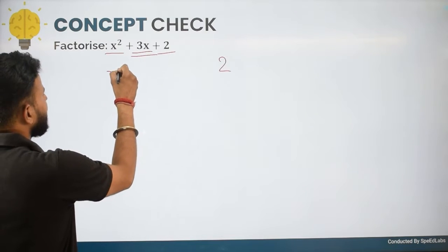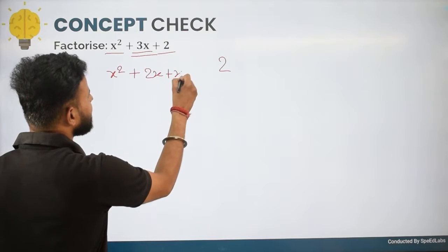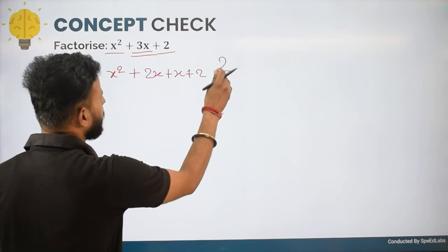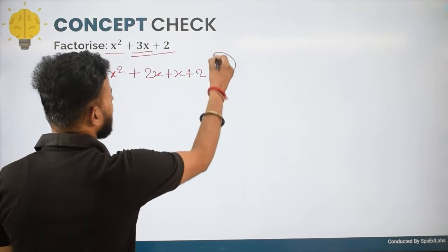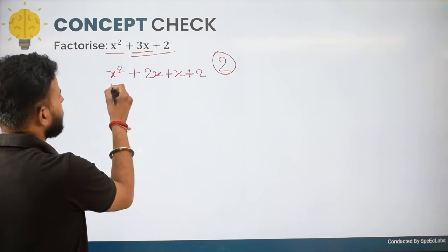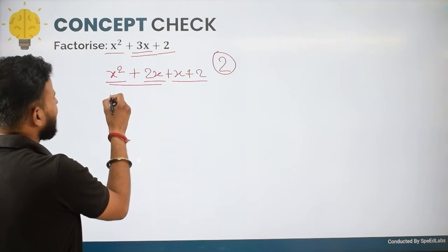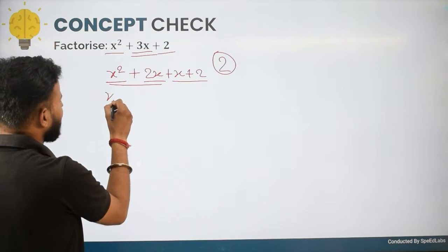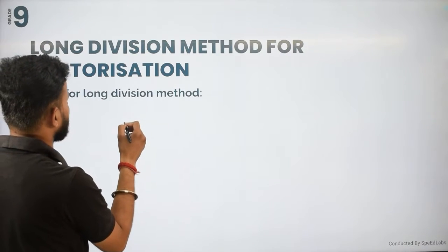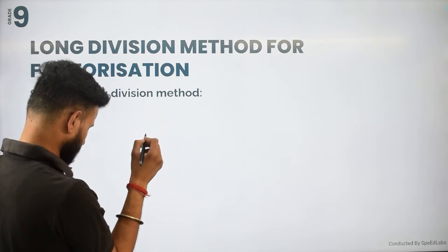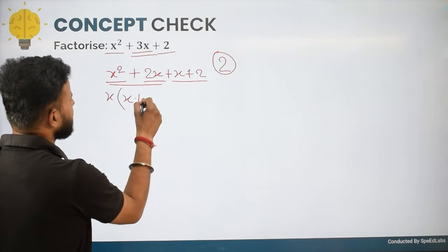So we will write them in the way x square plus 2x plus x plus 2, and after doing it we will take the commons. From these two terms I can take x common. Then I will be left with x plus 2.